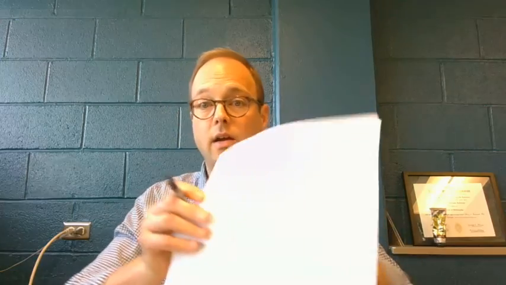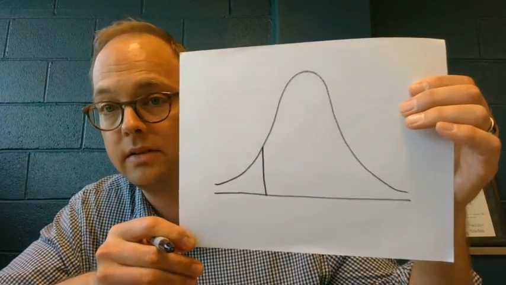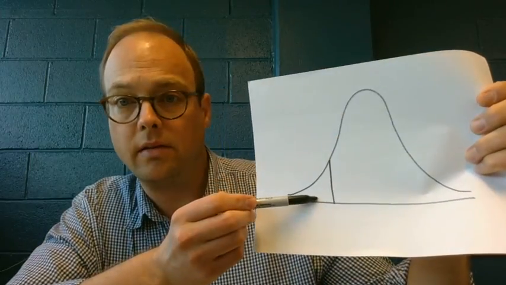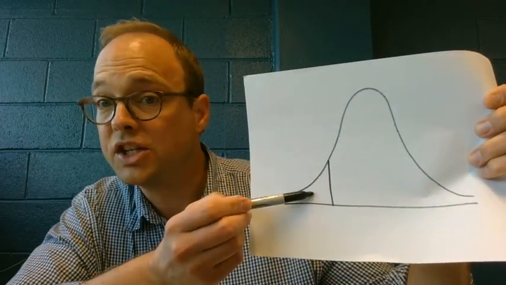Sometimes, again, depending on the wording of the hypotheses, sometimes you will have a one-tailed test that looks like this, that has the critical region, the alpha region, the rejection region on the left.